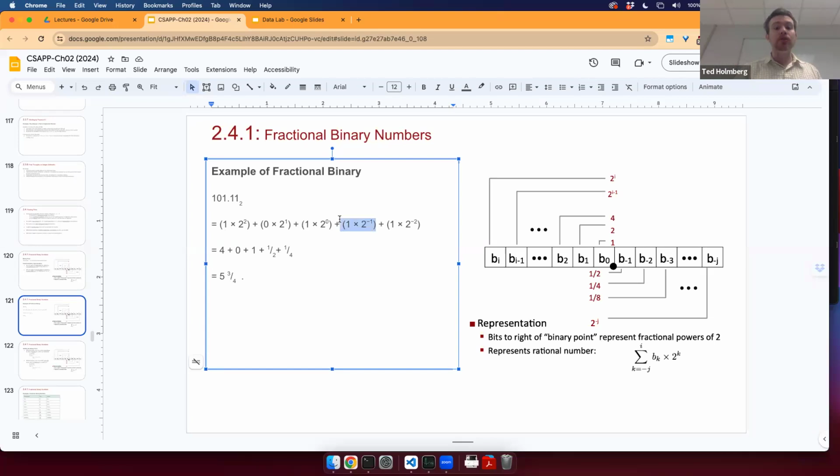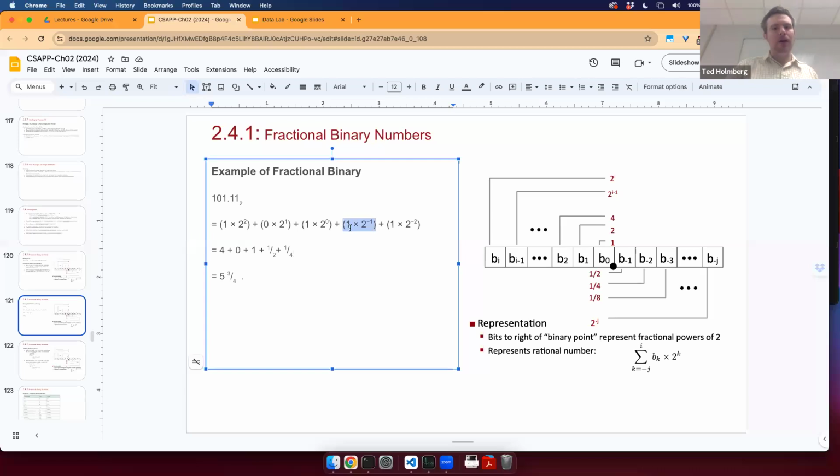Now I'm still doing my sigma summation, but now I cross over into negative exponent values. One of the beautiful things about negative exponents is that they represent the equivalent of halving or quartering, so it gives us that decimal place, or binary point in this case, to the right.